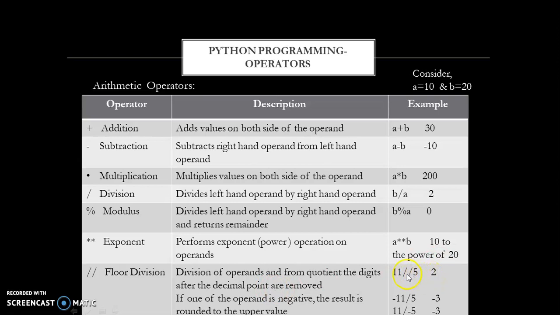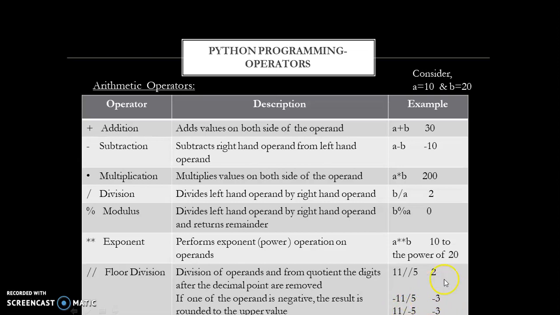But suppose one of the operands is a negative value, in such a case the result will be rounded to the lower value. If I consider one operand as minus 11 and the other operand as 5, with floor division, in such a case you will get an output of minus 3.